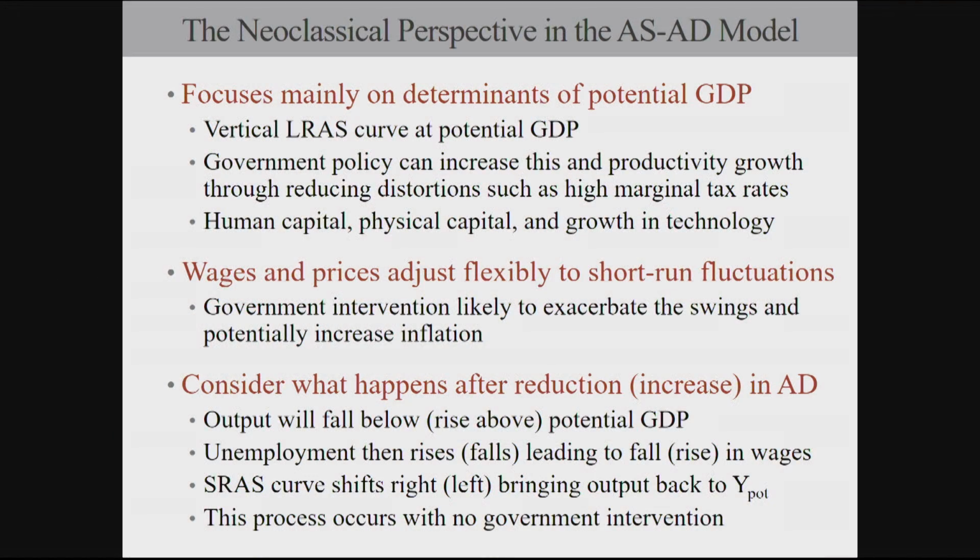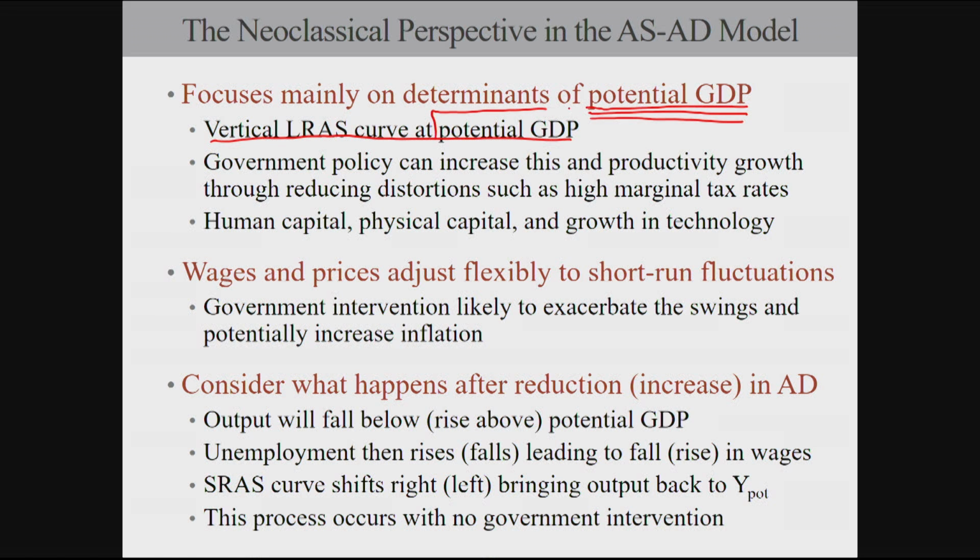So the neoclassical perspective is very different from the Keynesian perspective in this model. It focuses mainly on the determinants of potential GDP, so it's much less focused on short-run fluctuations. It's very focused on the vertical long-run aggregate supply curve at potential GDP.